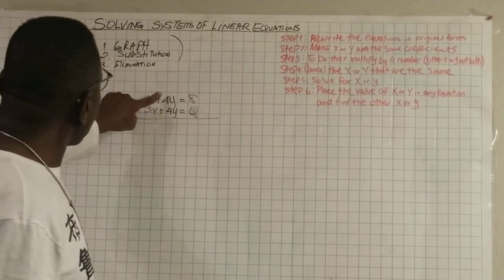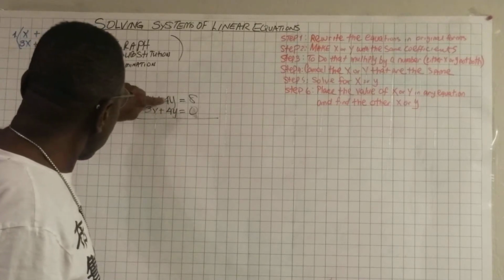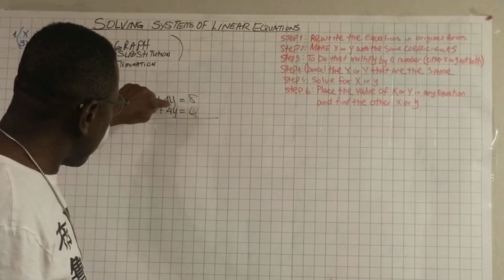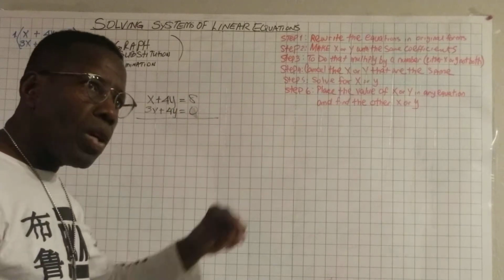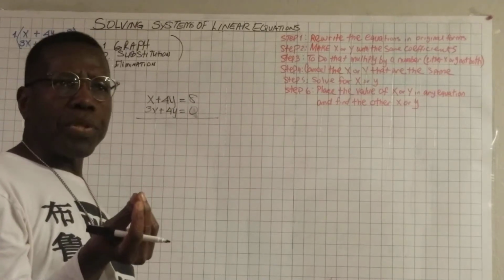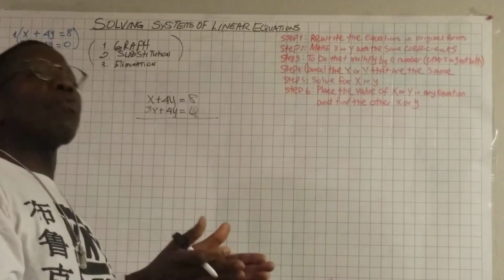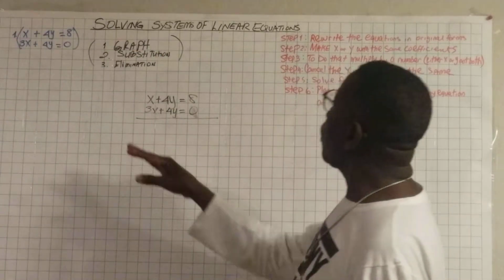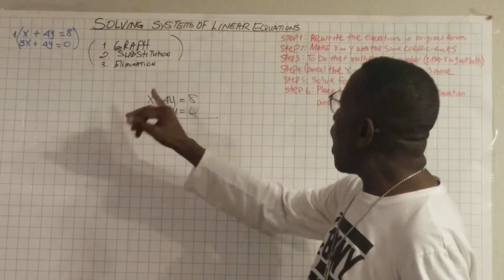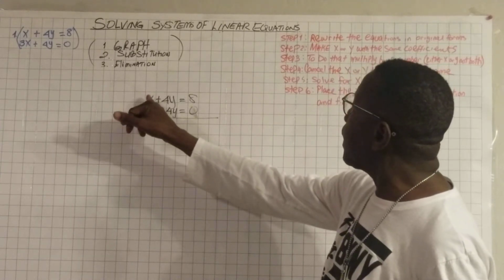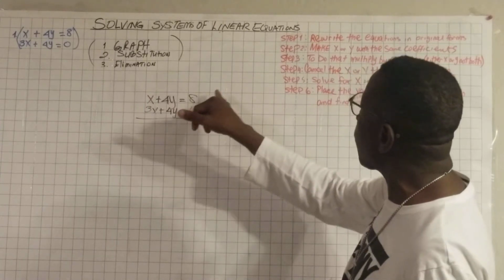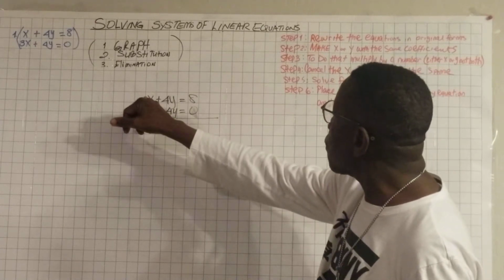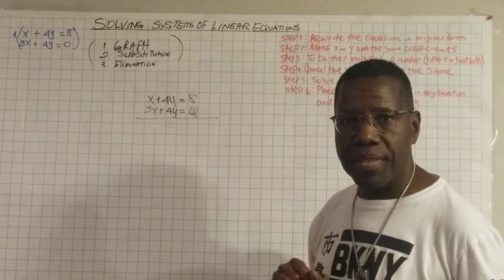so I have the coefficients here. This is 4, this is 4. So they're the same. My next goal is to make the signs opposite so I can get rid of y. If that wasn't the case, I would be looking at x. I would have to multiply everything here by minus 3, to make this minus 3x and this plus 3x.